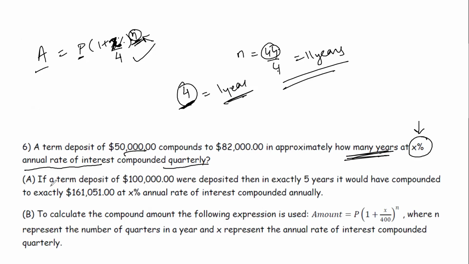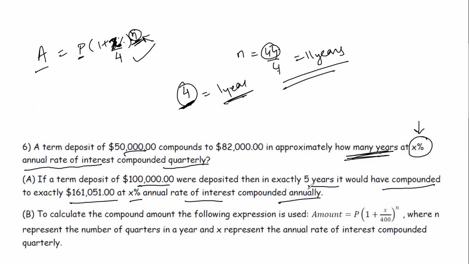All right. So if a term deposit of 100,000 were deposited, then exactly 5 years, it would have compounded to exactly $161,051 at X% annual rate of interest compounded annually.